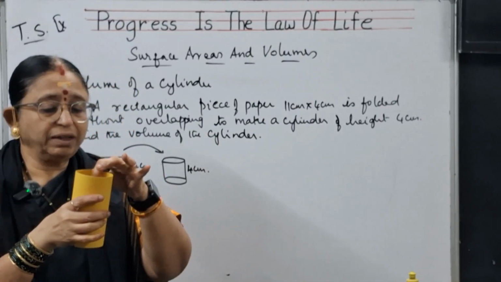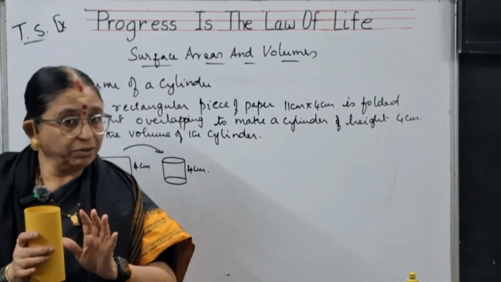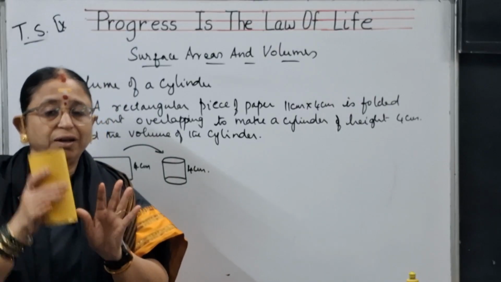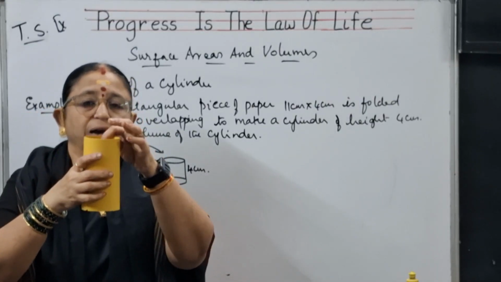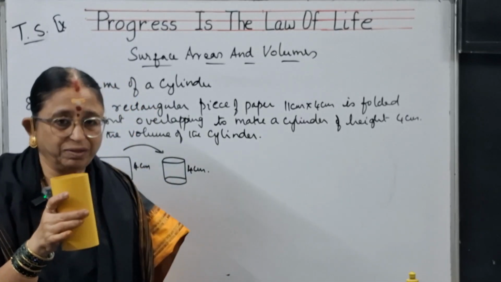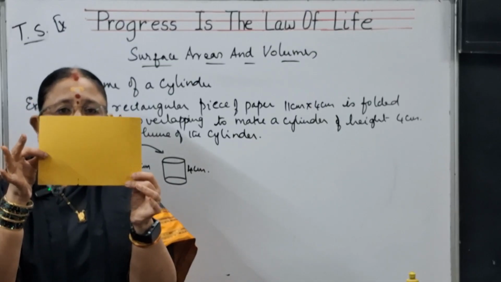That's all they have given. In the earlier problem they have given radius, but in this problem they have not given radius. Only the thing that they said is height is 4 centimeters. Then what is the volume of this? How do you find out? See children, this is length.